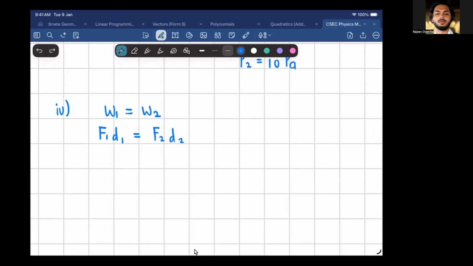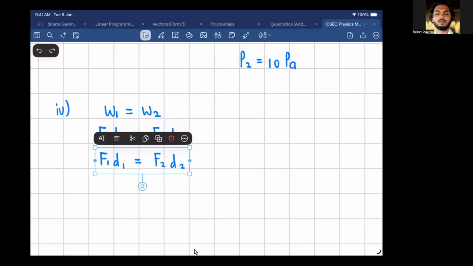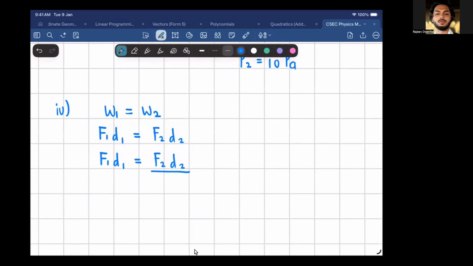Okay, next line. So D2 is equal to F1 D1 all over F2.